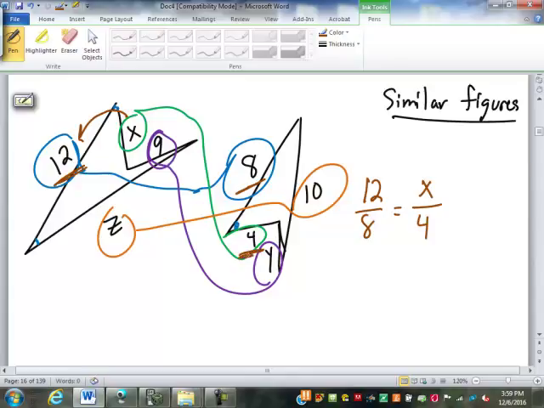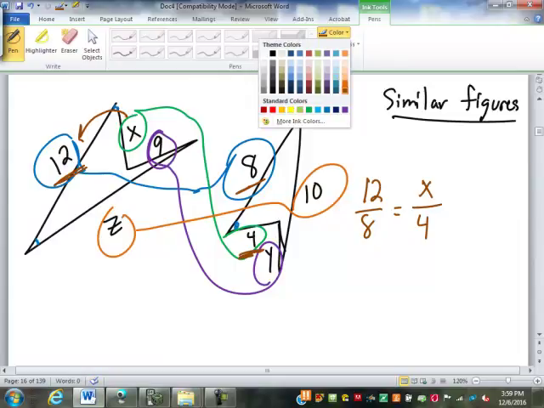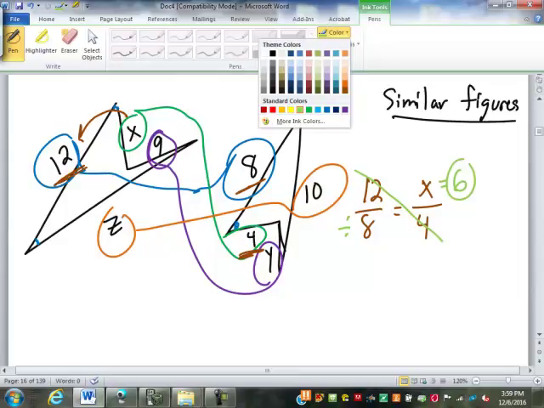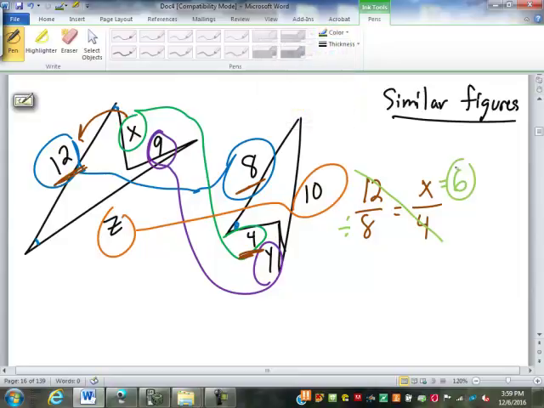Yeah, it's the corresponding side from the other figure, and 4 is from the same figure as the 8. So to find X, we cross multiply and divide. 12 times 4 is 48, divided by 8 is 6. So X equals 6.